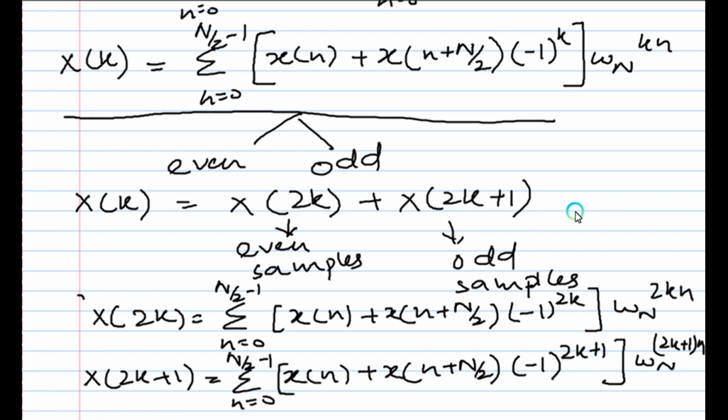So let's name this one first and this one second. Now let me go to the next page.